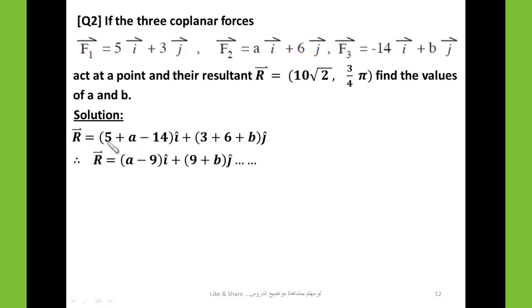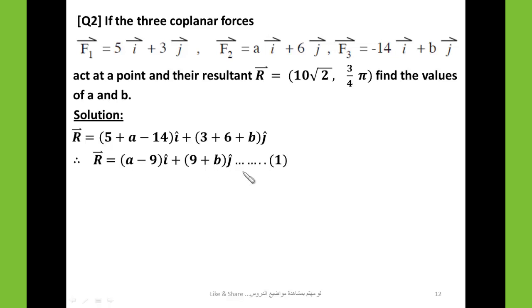We have 5 minus 14 is negative 9. So we have (A minus 9) I, and 3 plus 6 is 9, plus B in the direction of J.